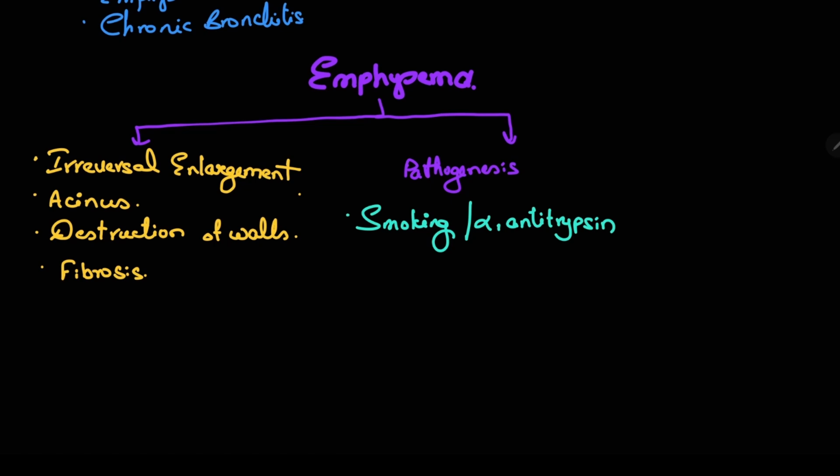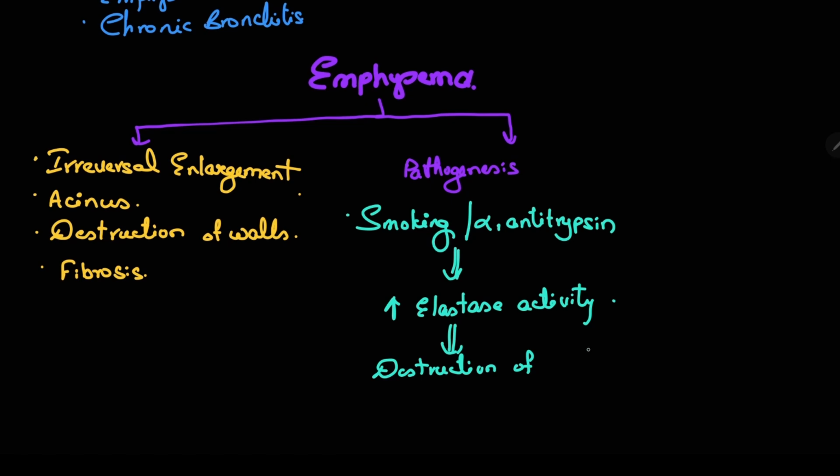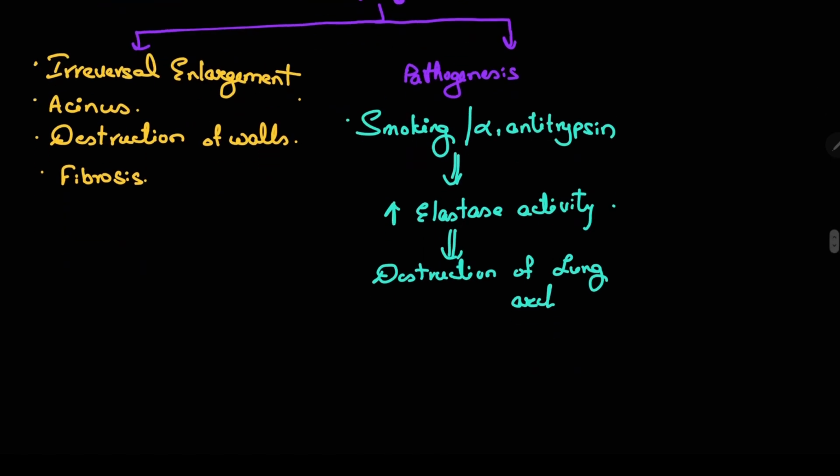So because of this, there will be increase in the elastase activity. So because of that, there is the destruction of lung walls or lung architecture. So it leads to the disease we are learning now, emphysema.